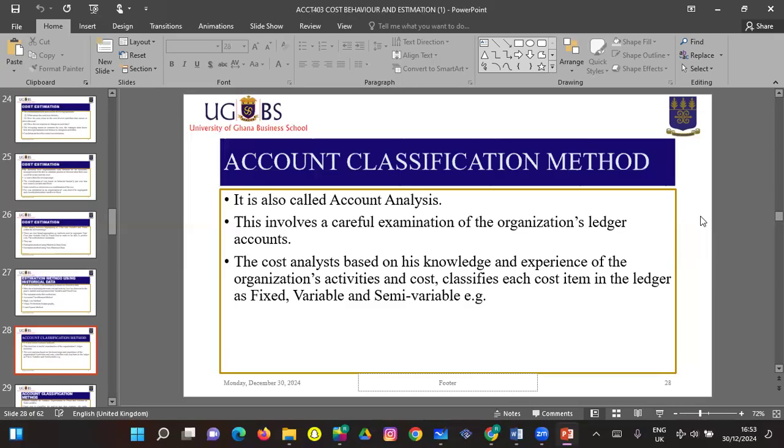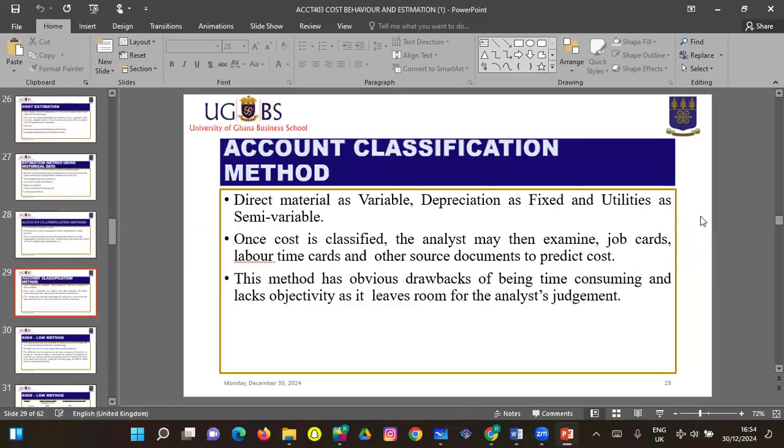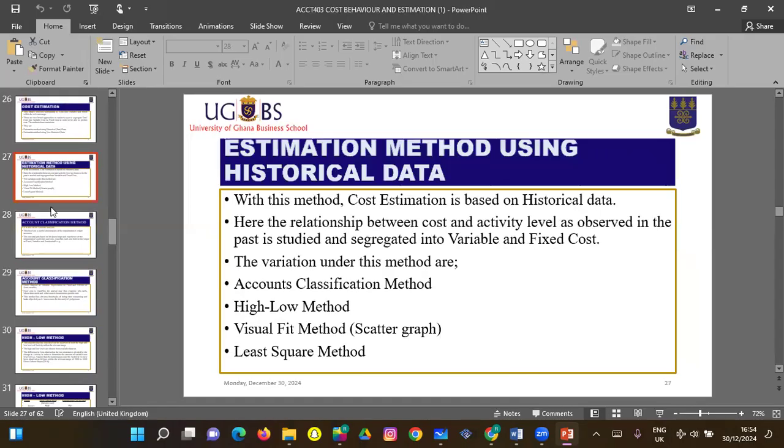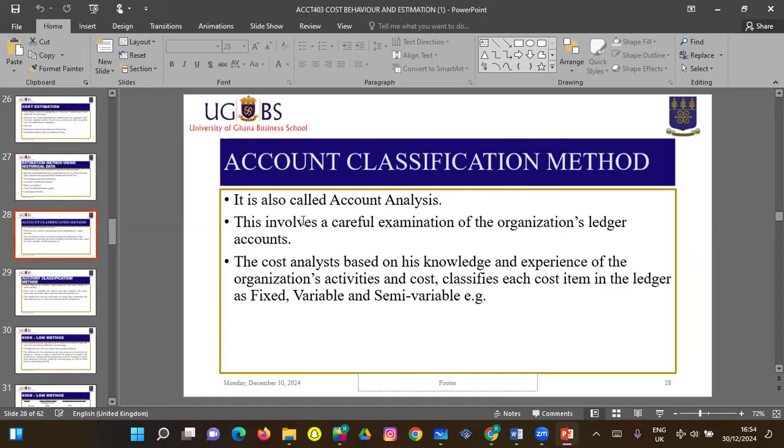Account classification method. It's also called account analysis. This involves a careful examination of the organization's ledger accounts.